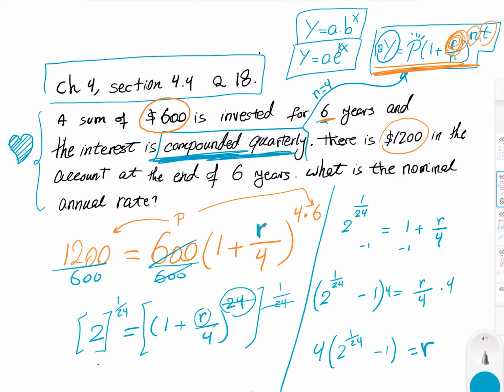I don't have a calculator, so this will be your r. If they said decimal, you leave it as a decimal, but if they said percentage, you keep it as a percentage.